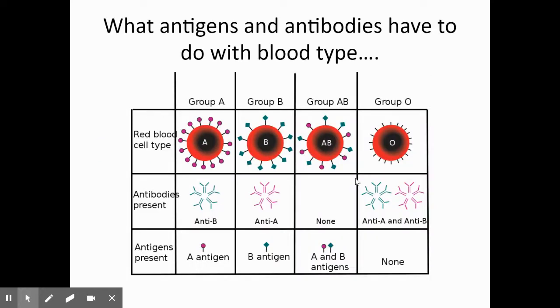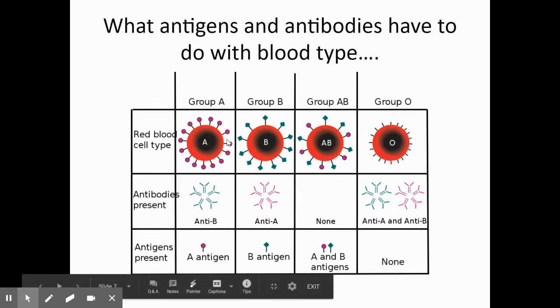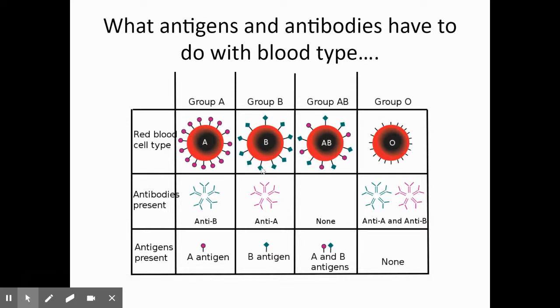So I have this chart, and this chart really summarizes everything with blood types. So remember, if you have type A blood, you have these A antigens that stick off of your red blood cells. If you have type B blood, you have B antigens that stick off your red blood cells. If you have type AB, you have a combination.